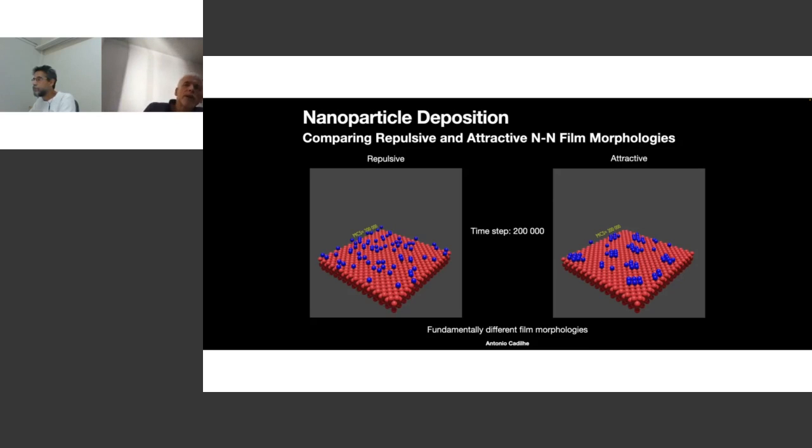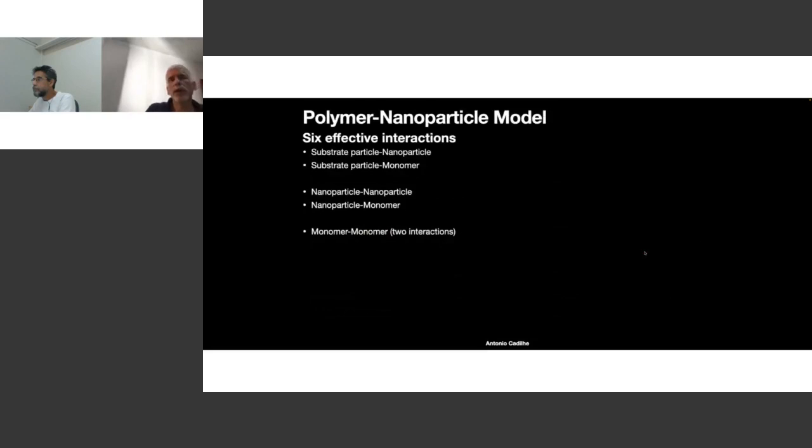So this was a very objective way to think of a model that could interact, now having polymers that deposit and nanoparticles that can either attract or repel each other. There should be a very different morphology of the film in one case or the other.